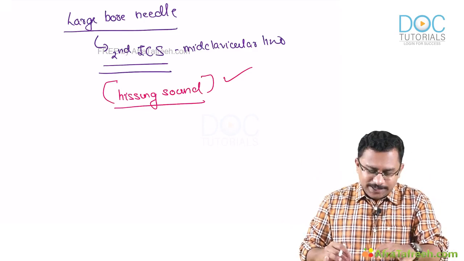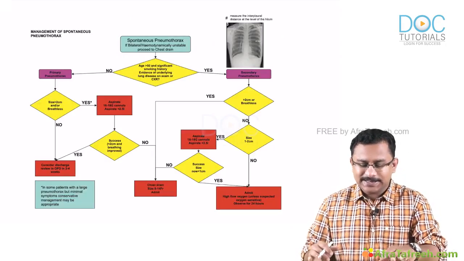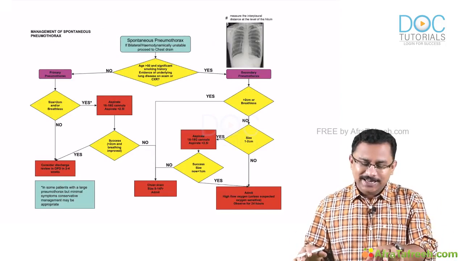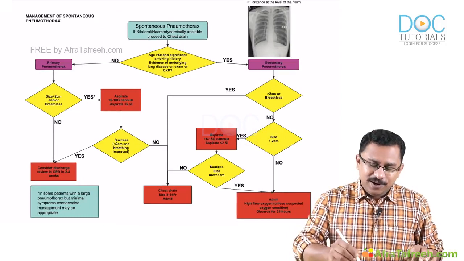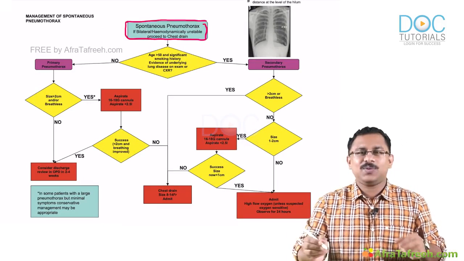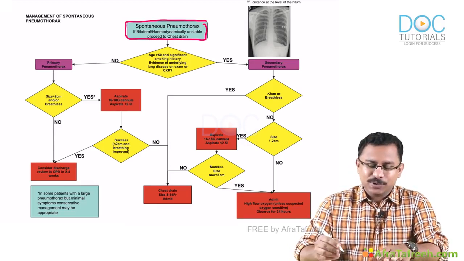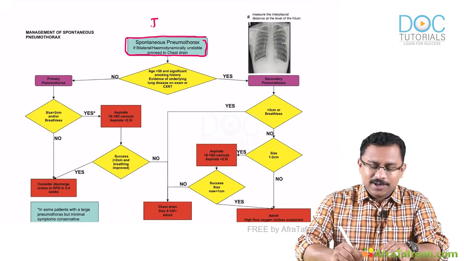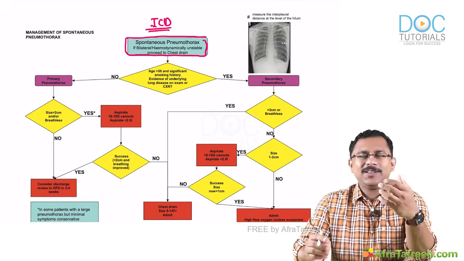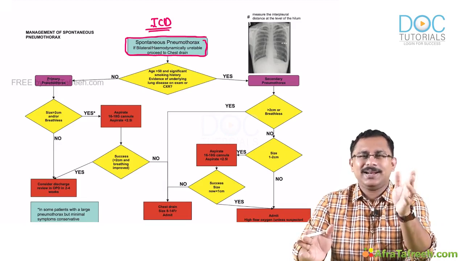Now I'll take your attention to the guidelines. I have just taken exactly the same picture or the flow chart from the British Thoracic Society guidelines. So first of all, if the patient is hemodynamically very unstable, in such a scenario you can proceed to a chest drain, that is your intercostal drainage. That is when the patient has come with probably a tension pneumothorax and is very much hemodynamically unstable.